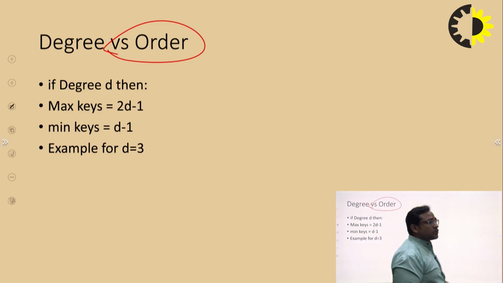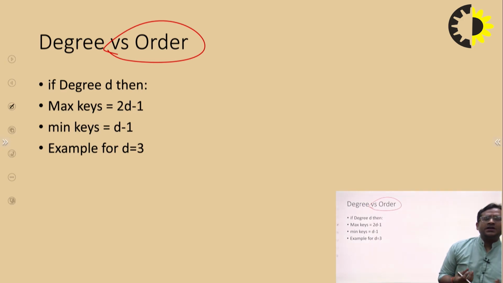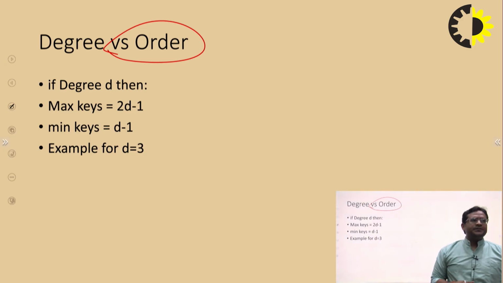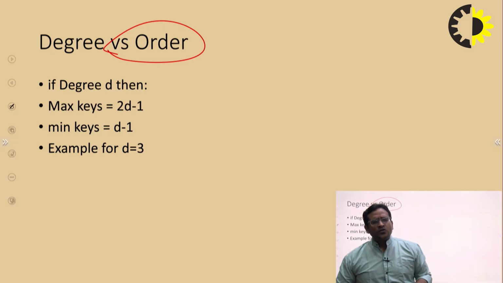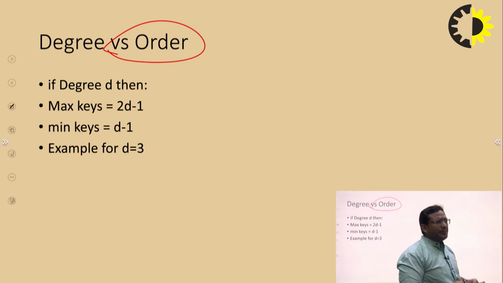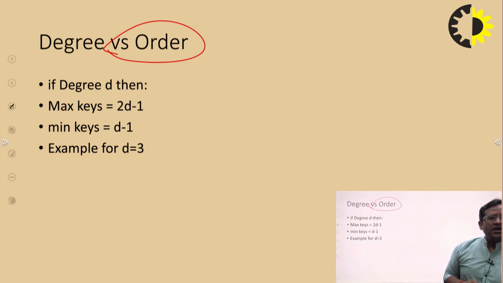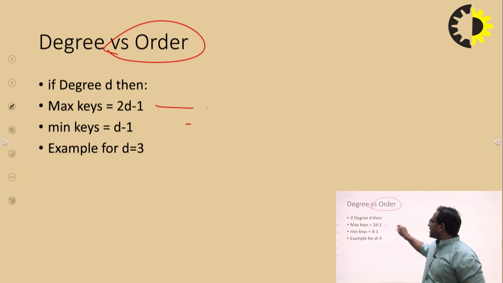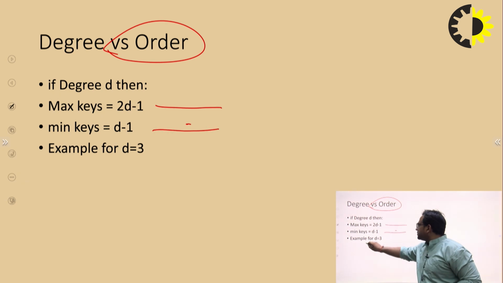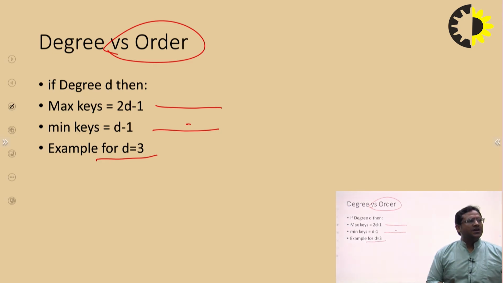Whenever you have an example in your exam, they give some degree. Suppose you have some elements, and they tell you that you have to create a B tree for this degree. So you must remember two things. First is the maximum key, and second is the minimum key. Suppose the degree D is equal to 3.